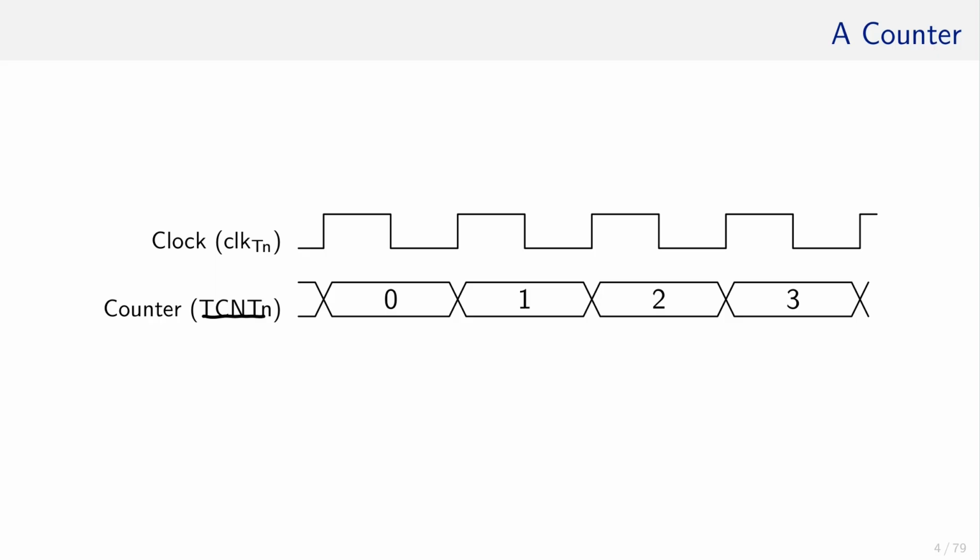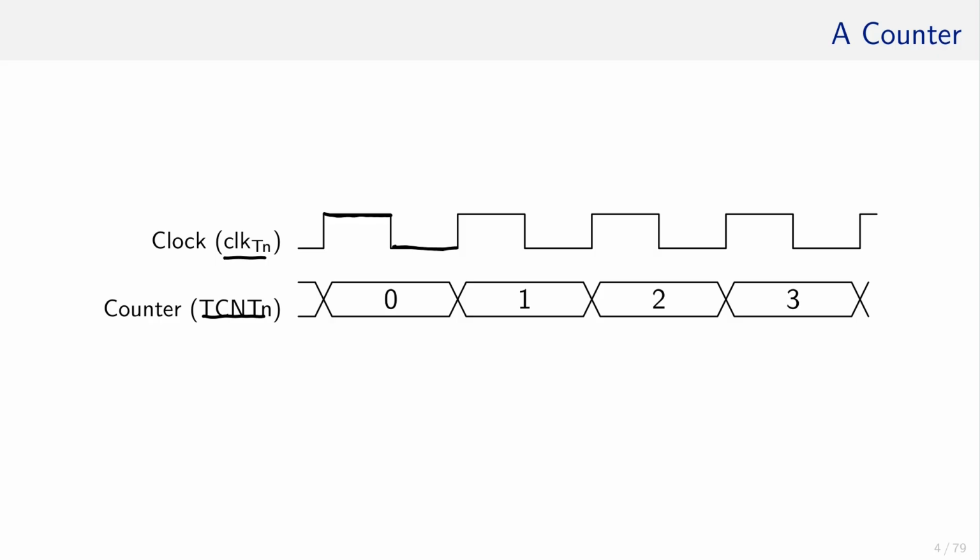Here we see a clock signal, also called clock Tn. Every timer can have its own clock signal, different from the system clock or even independent of any clock. The clock is a rectangular signal having essentially two states, that is high, for instance here, and low, for instance here.